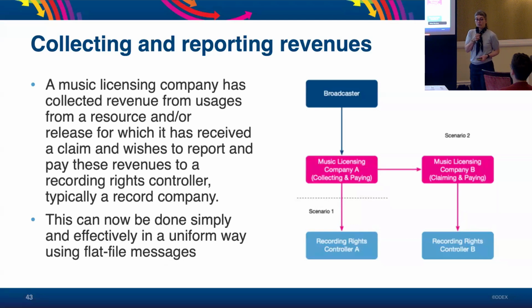And we established two years ago that the implementation of that flat file message was still not generating the required and desired uptake, adoption, and implementation. Therefore, the working group has worked really hard to identify what the complexities were, and we have created version 1.1.